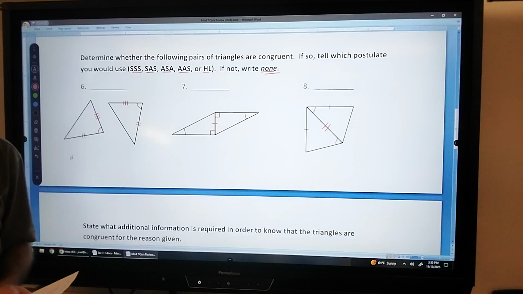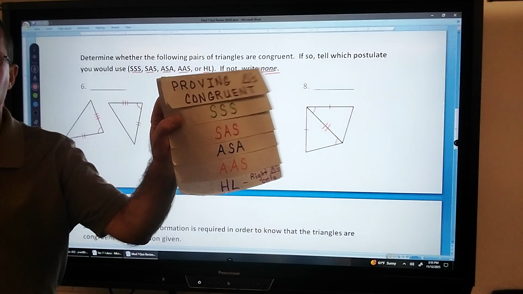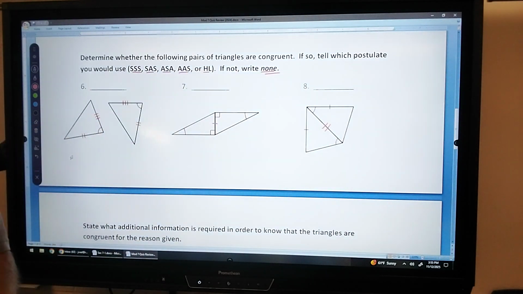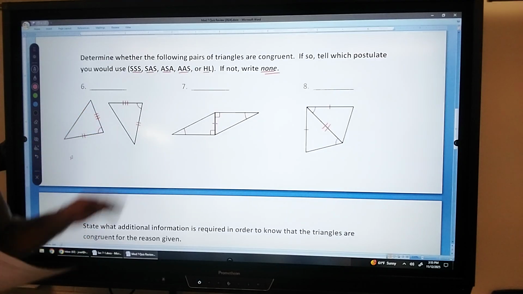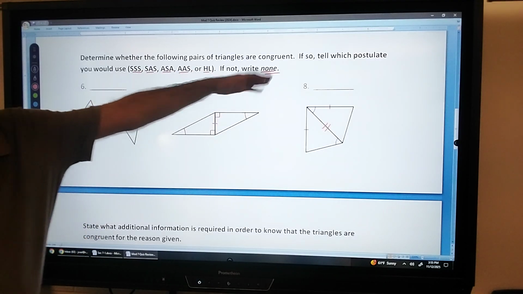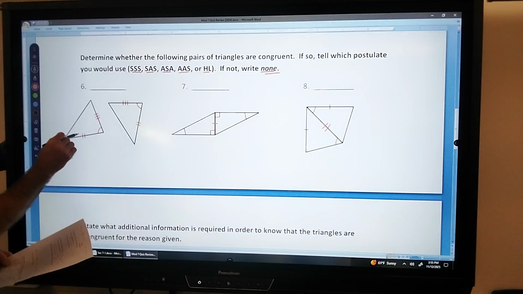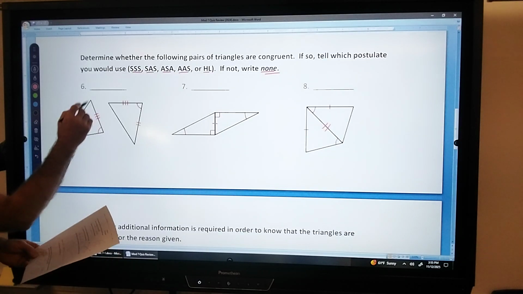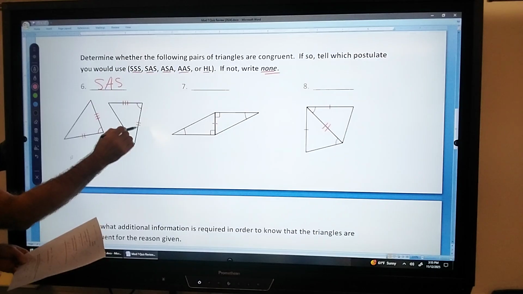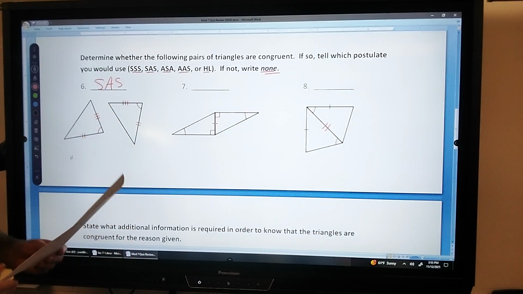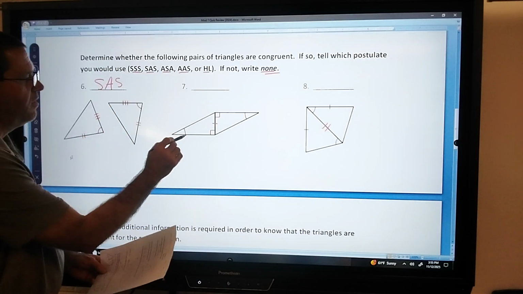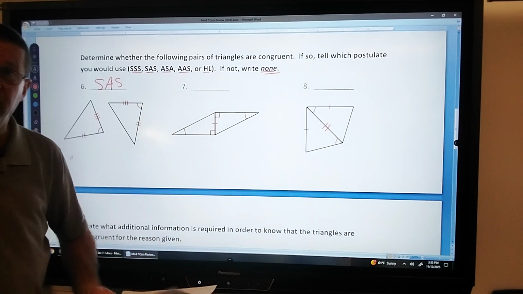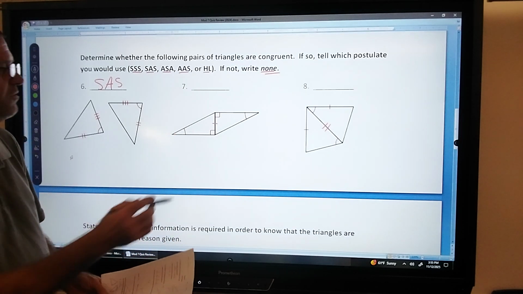So now you're going to go back and see on the front part of your flip book, you're going to see if this matches any one of these 5. And if it doesn't, we're going to put none. Well, we have a side followed by an angle followed by a side. And that works for both of them. Number 7, I have an angle followed by another angle. Even though it's a right angle, it still counts.